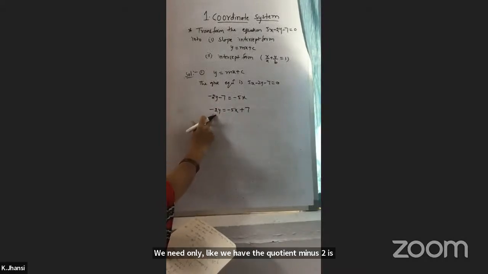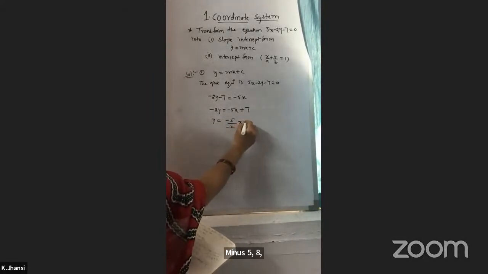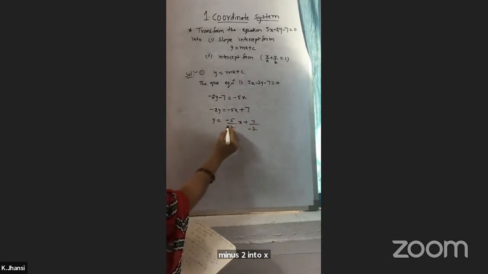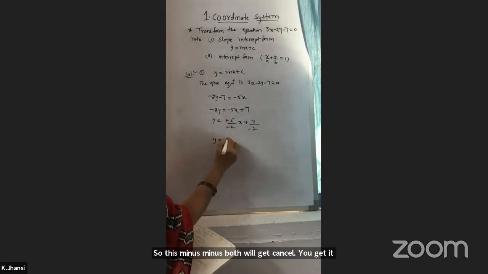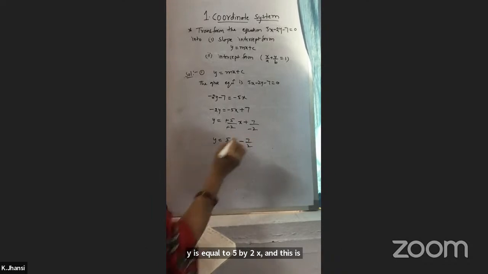We have the coefficient minus 2, so to take it out, you divide the whole equation by minus 2. So we'll get y equals minus 5 by minus 2 into x plus 7 by minus 2. The minus and minus cancel. You get y equals 5 by 2 x minus 7 by 2.